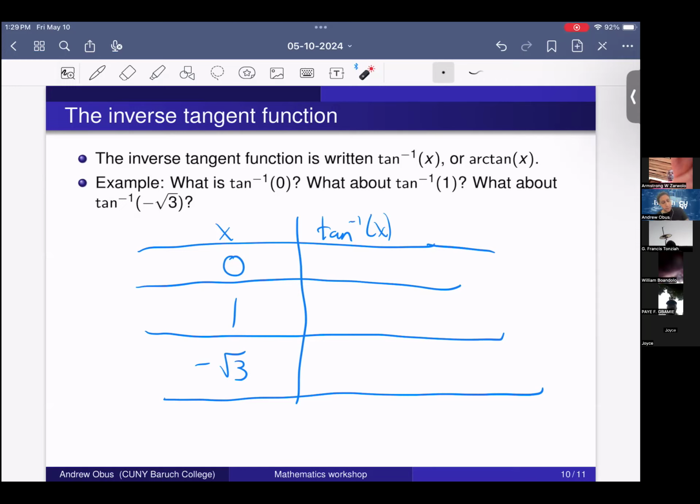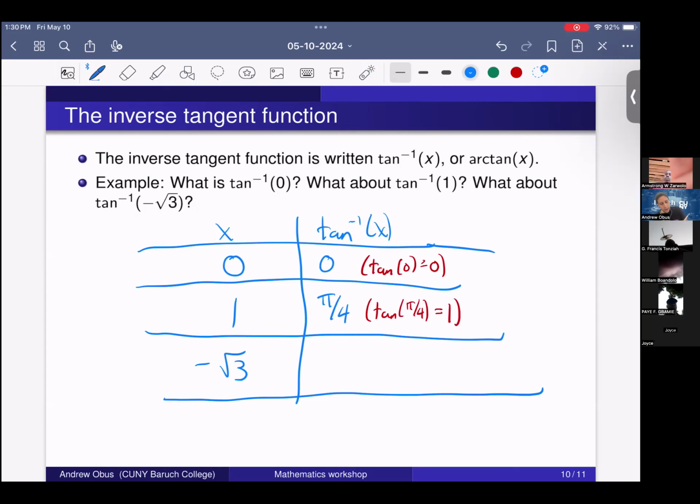Tangent inverse of 0, again, is going to be 0. This is because tangent of 0 is equal to 0. Tangent inverse of 1 is going to be pi over 4, or 45 degrees. This is because tangent of pi over 4 is equal to 1.